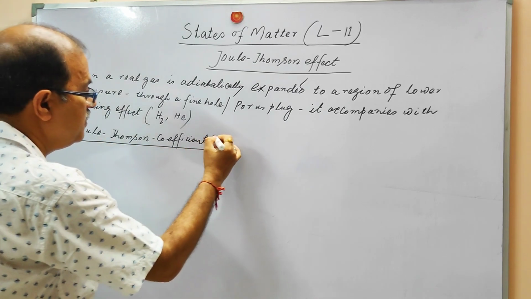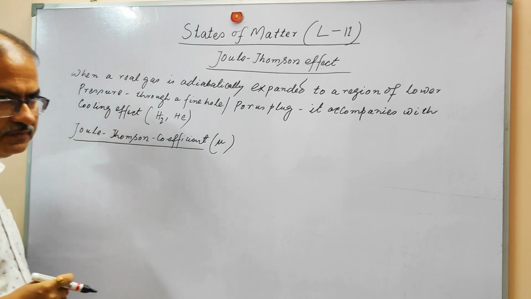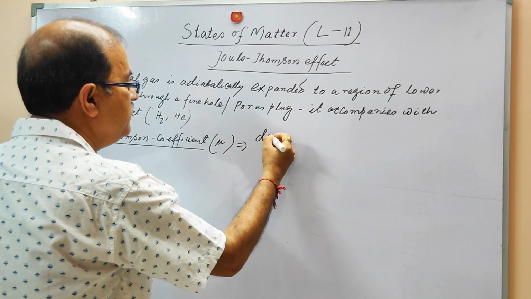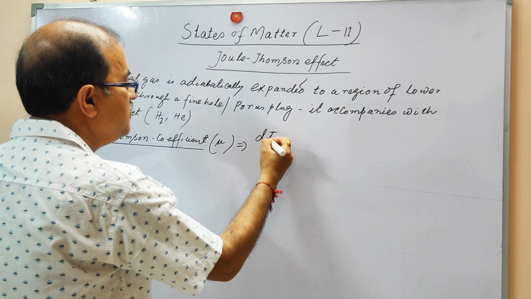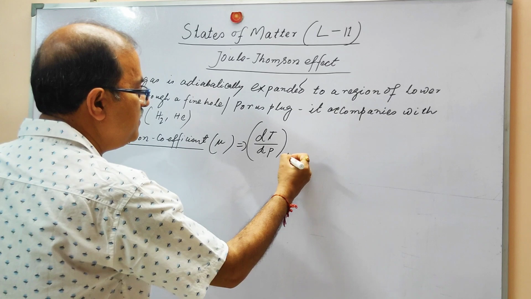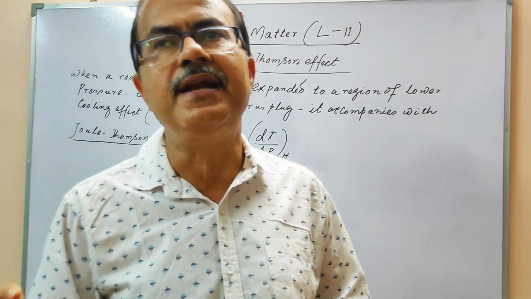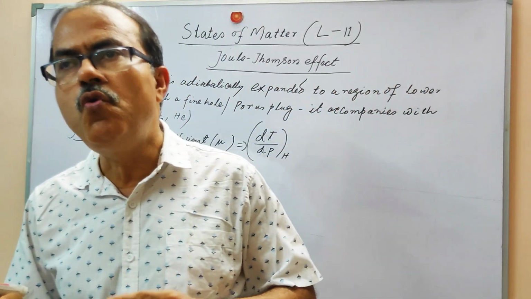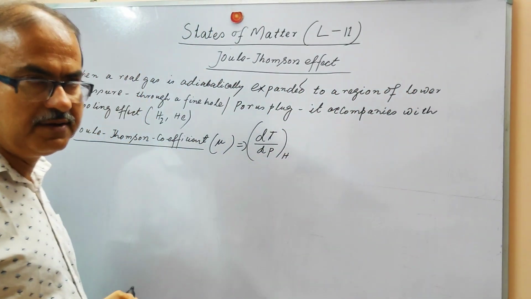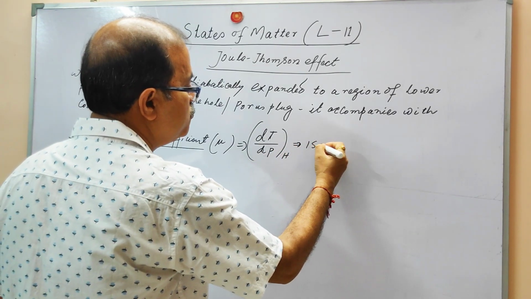The Joule-Thomson coefficient is represented by mu, and this is denoted by dT by dP at constant enthalpy H. When expansion is going on adiabatically, there will be no enthalpy change, and that is why H has been kept here, and this signifies this process is isenthalpic.